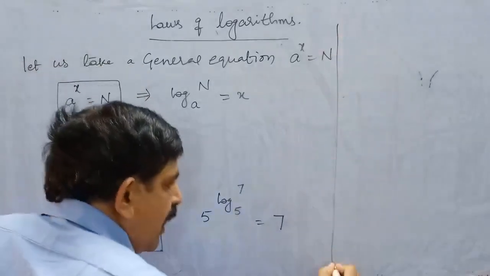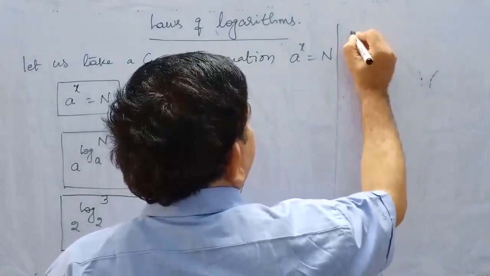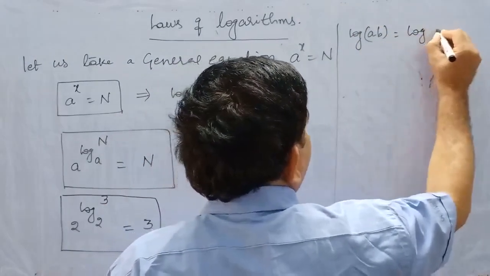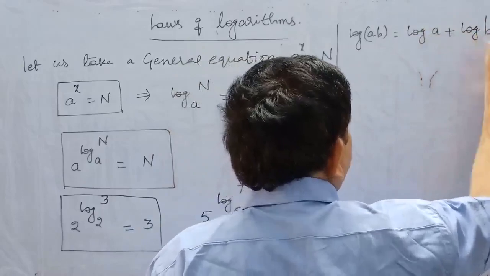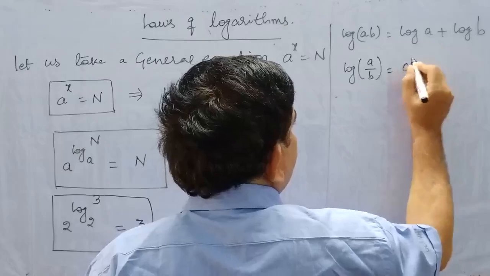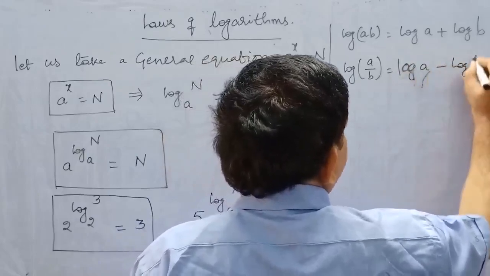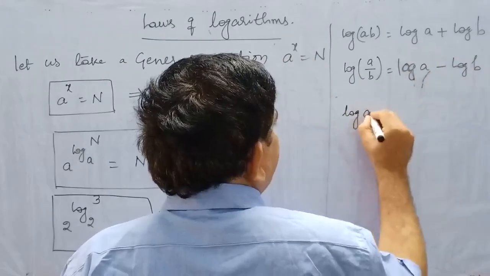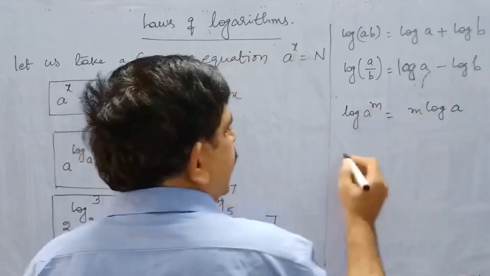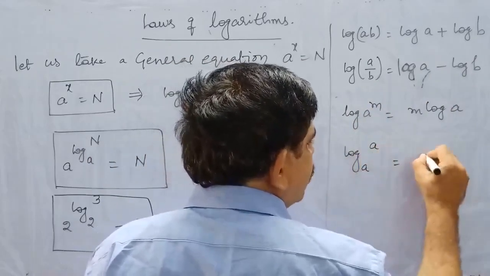Up to now, the logarithmic formulas we have learned: log AB is equal to log A plus log B. Log A by B is equal to log A minus log B. Log A to the power of m is equal to m log A. Next one, log A base A is equal to 1.